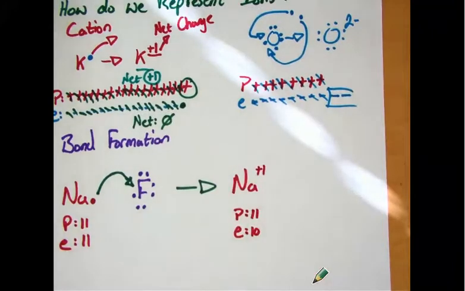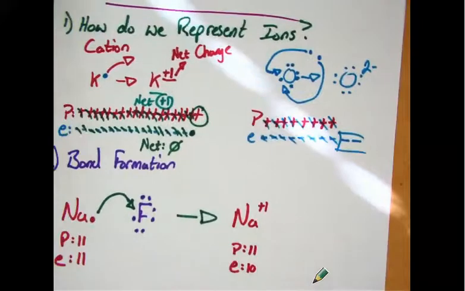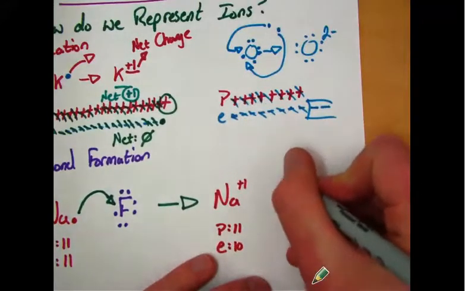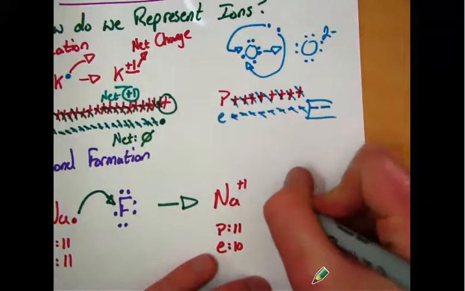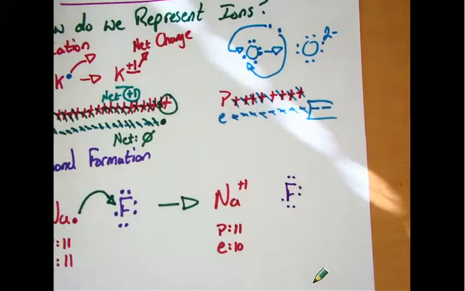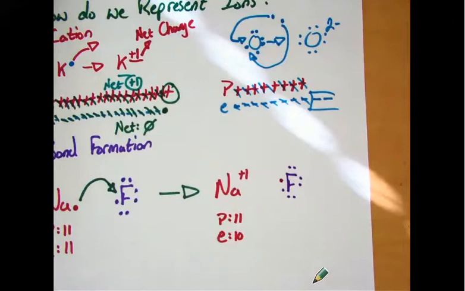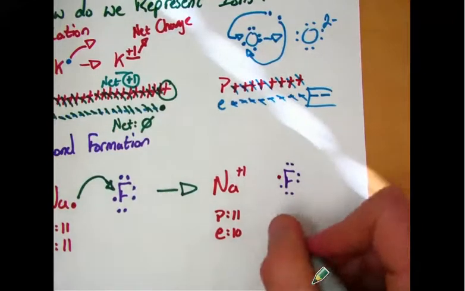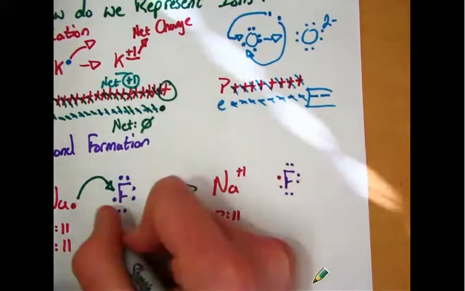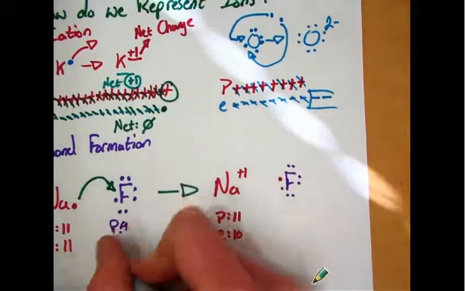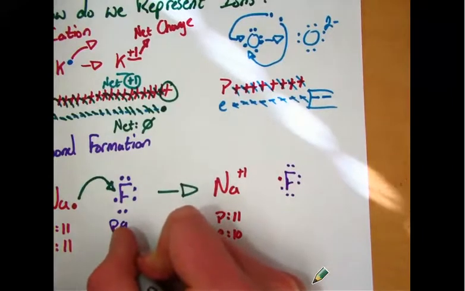Now that fluorine has a new electron, we're going to redraw it with that extra electron. Now this isn't the same fluorine that we had on the left. It now has an extra electron. So we need to note that somehow. So now this one, fluorine, has 9 protons and this one has 9 electrons.